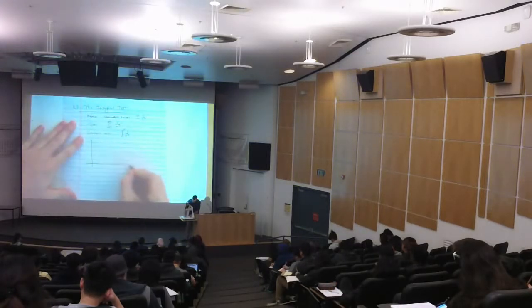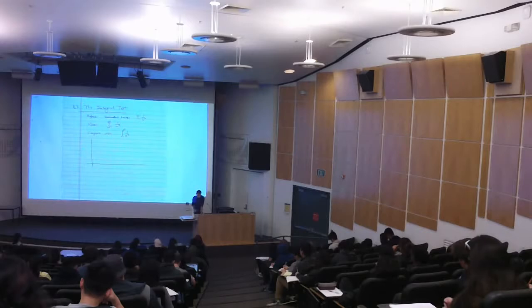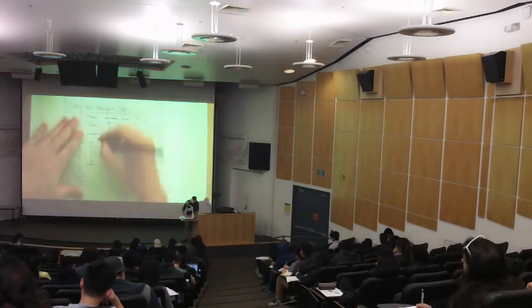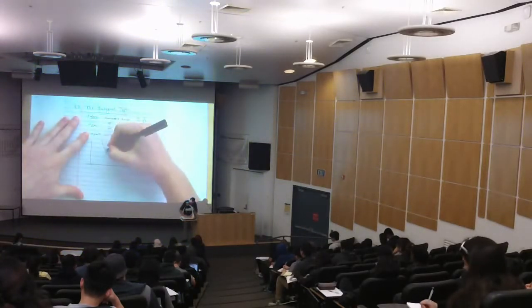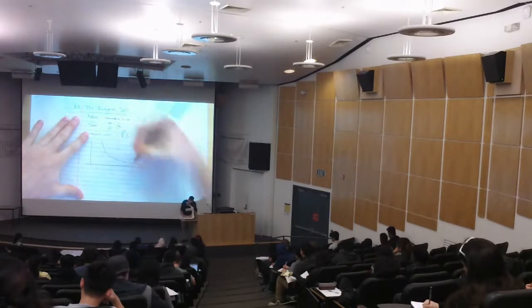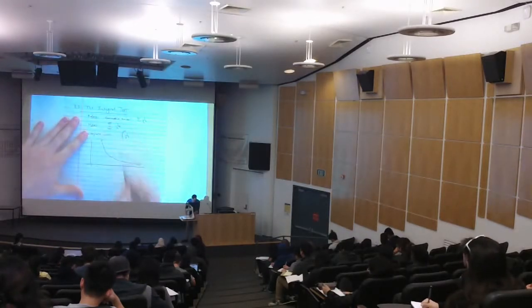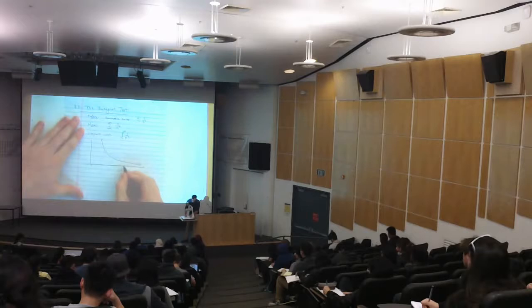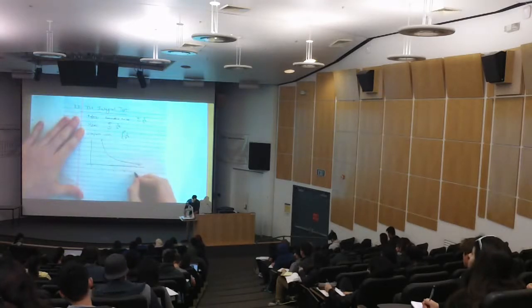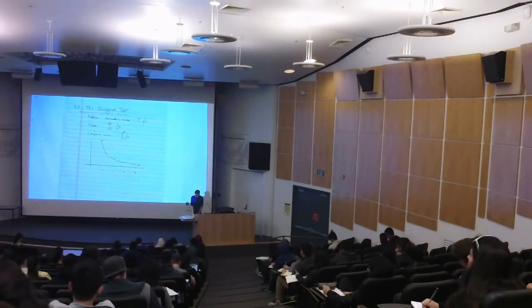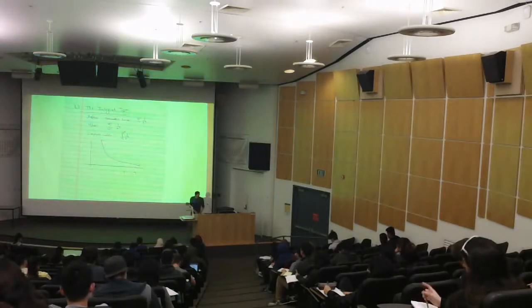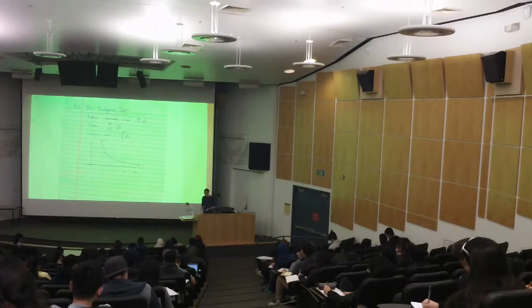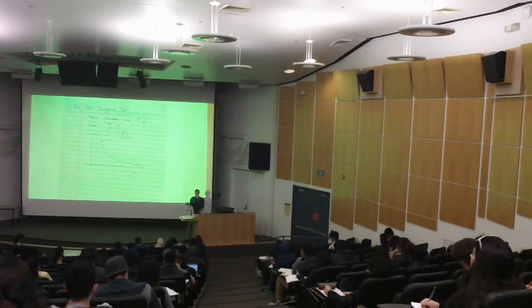Big picture. One over x squared. Something like that. 1, 2, 3, 4. And I'm going to draw under this curve a Riemann sum where my delta x is 1.